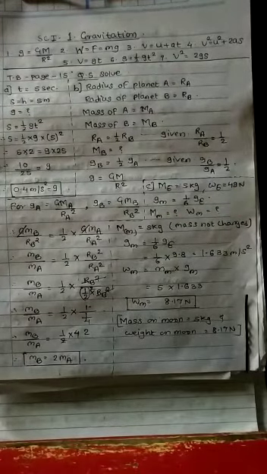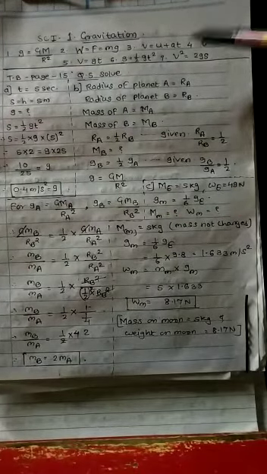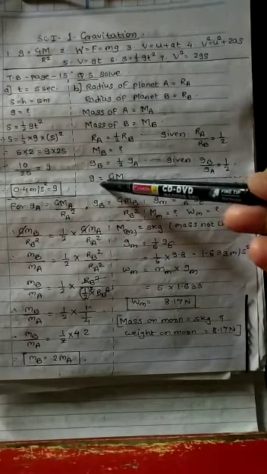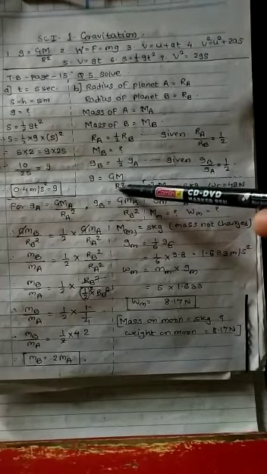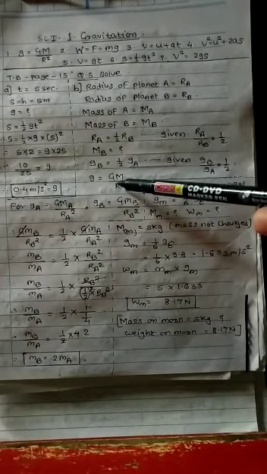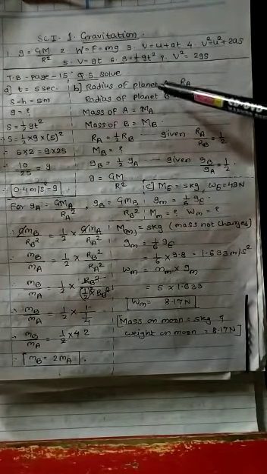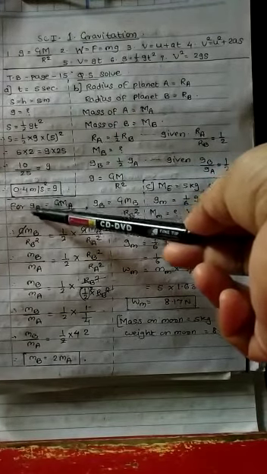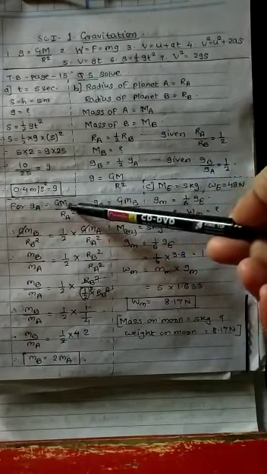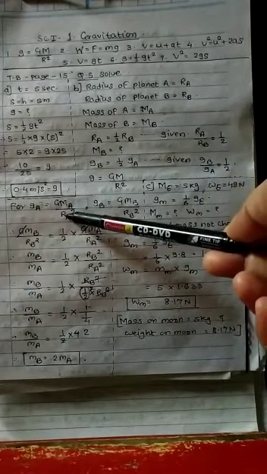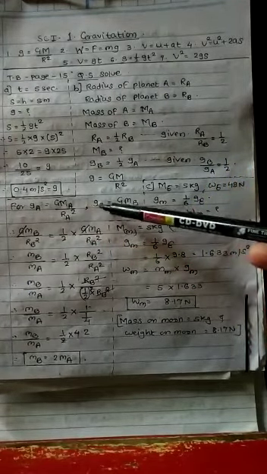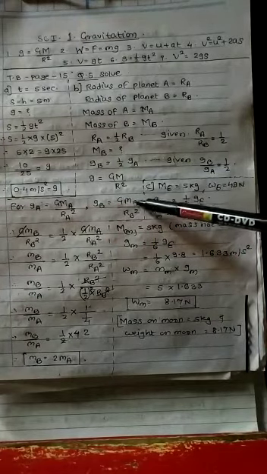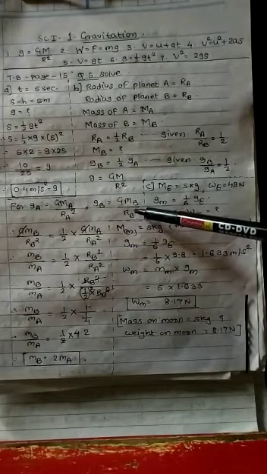So first, for solving this sum we use the formula of g, acceleration due to gravity, the normal formula, that is GM upon R square. But there are two planets, A and B. So for planet A the g is Ga, that is GMa upon Ra square, and for Gb this formula is replaced by GMb upon Rb square.